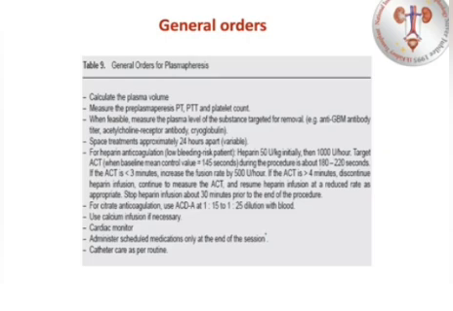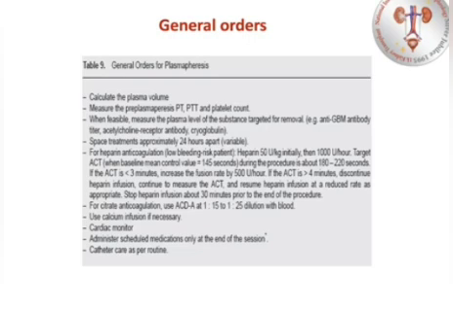So if the ACT is less than 3 minutes, compared to the average, which is 145, increase the infusion rate by 500 units per hour.